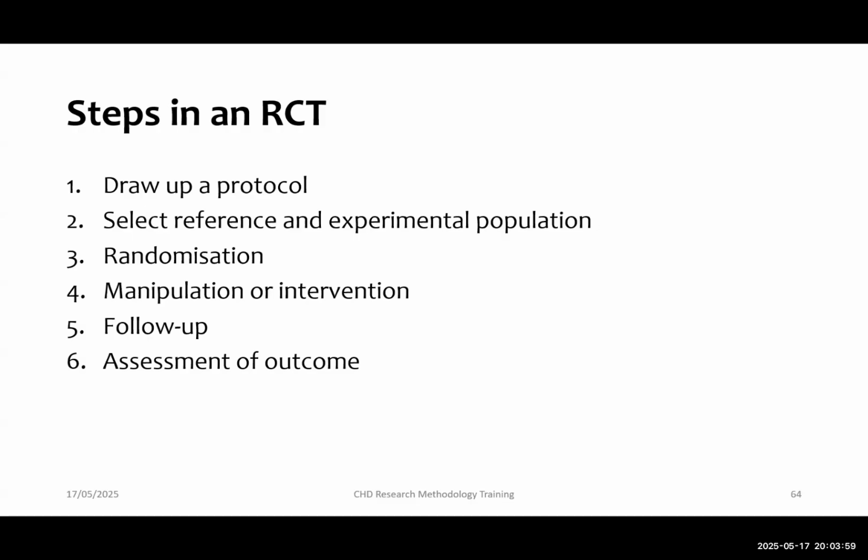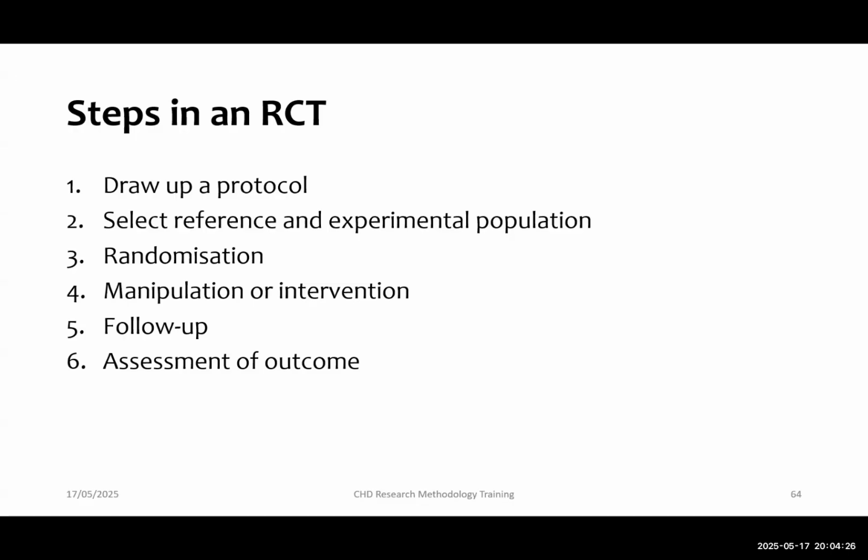So you have to draw a protocol on who meets the criteria to be included in the study, and then randomly allocate people who have that disease. Maybe there's a new drug for hypertension. Then all the people in your study will be people who have hypertension. Now you randomly allocate people into the control group and the intervention group. The intervention group will be given the new medication.